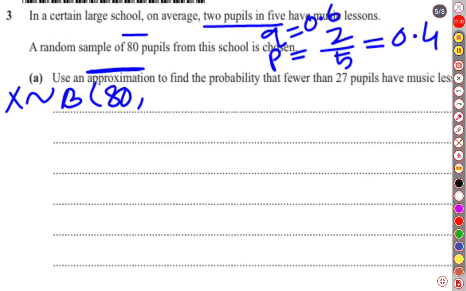So our probability of having a music lesson is 0.4. The probability of having no music lesson is 0.6.